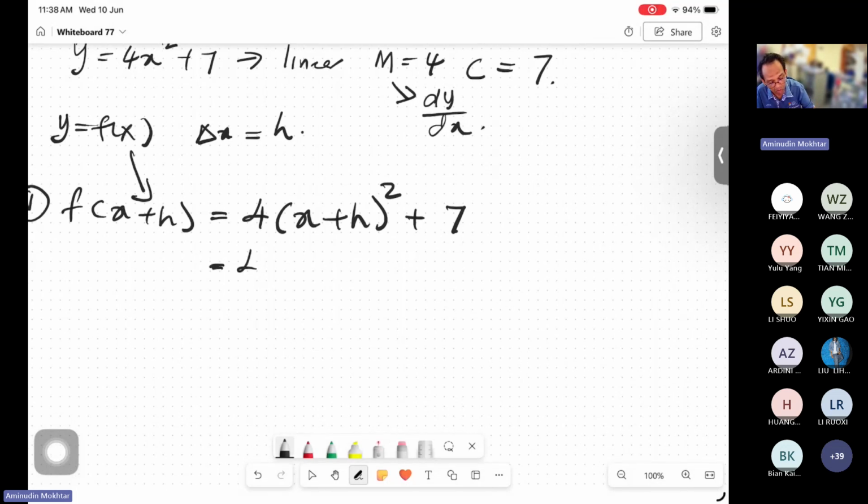Okay, we can solve this equation. This is equal to 4 times (x plus h) times (x plus h) plus 7.